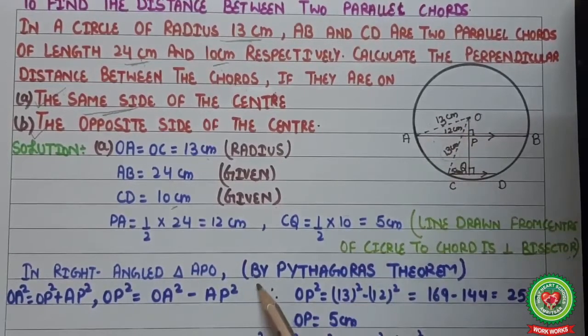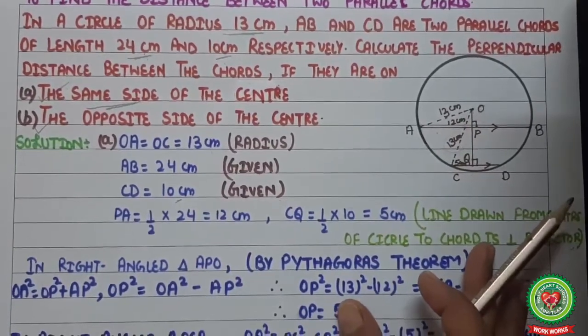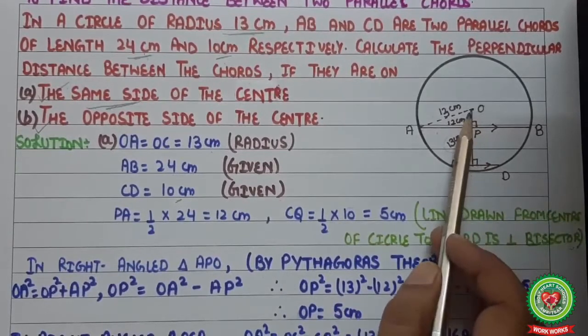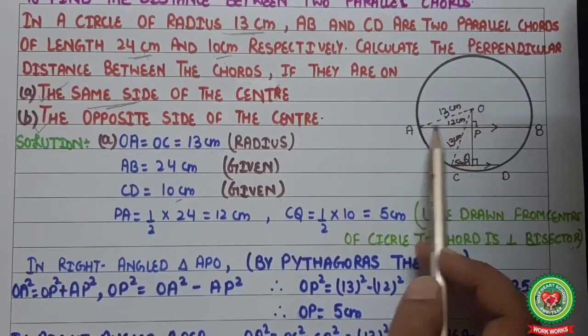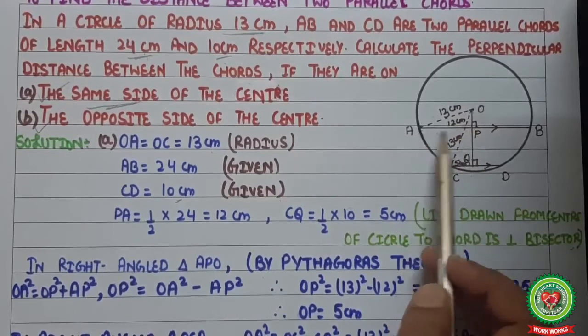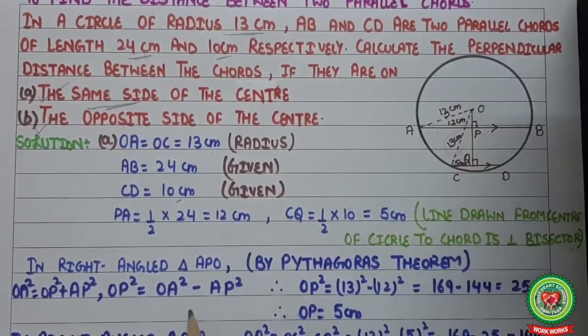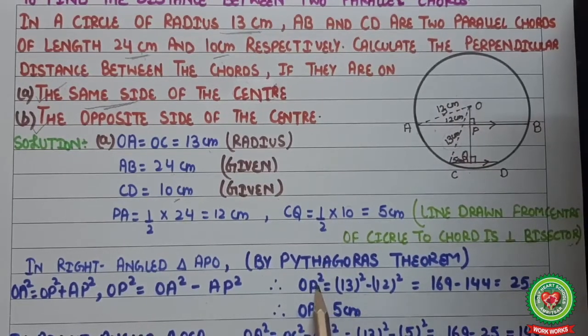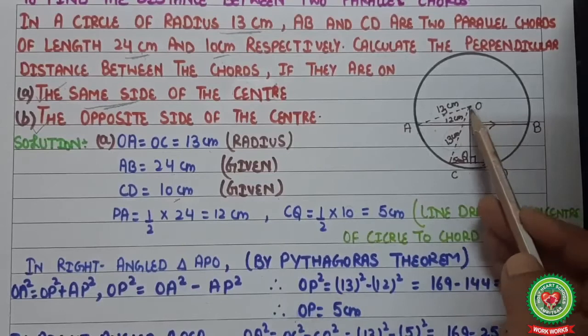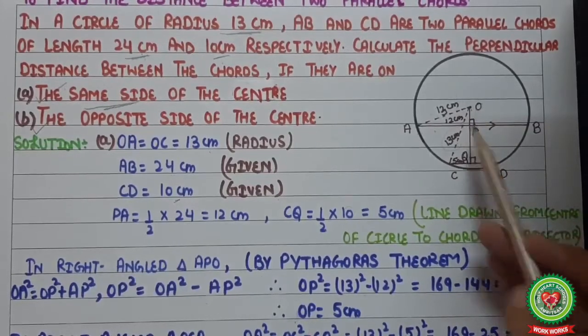In the right angle triangle, apply the Pythagoras theorem. We will get OA square, it is the hypotenuse, equals OP square plus AP square. Now do the shifting and put the values from here. After doing the shifting, this square will shift to this side, it will become square root of 25. So we will get OP equals 5 cm, this length.